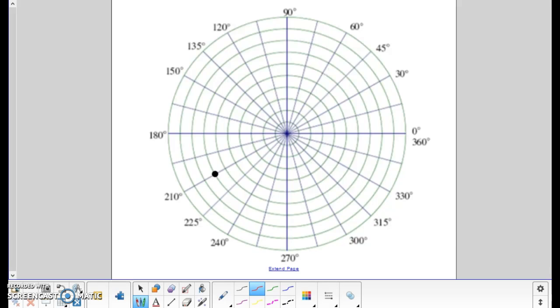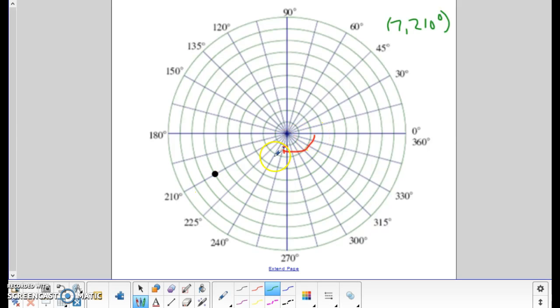Okay, here's another one. Now our point is down here at the 210. Again, let's start with the positives. The radius here is out 1, 2, 3, 4, 5, 6, 7. And if we use a positive angle, it's 210 degrees, because it's on the 210. If we measure the angle in the negative direction, instead of 210, it's going to be negative 150.